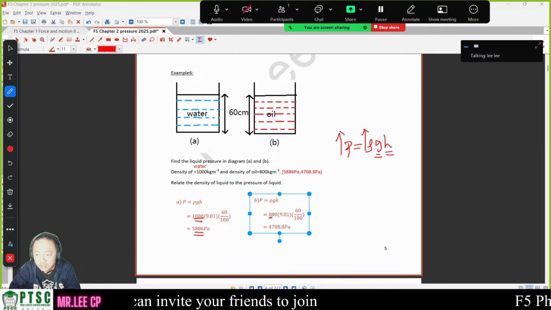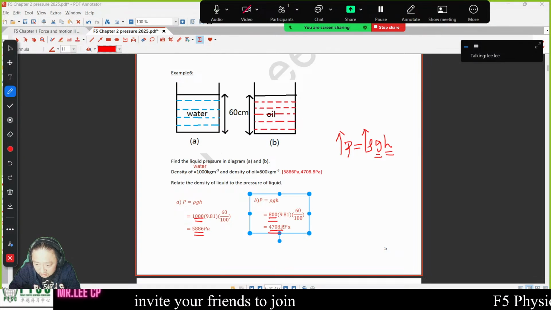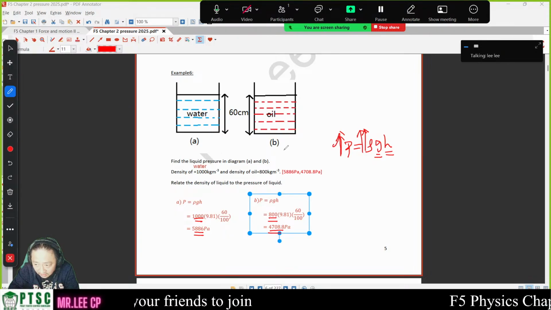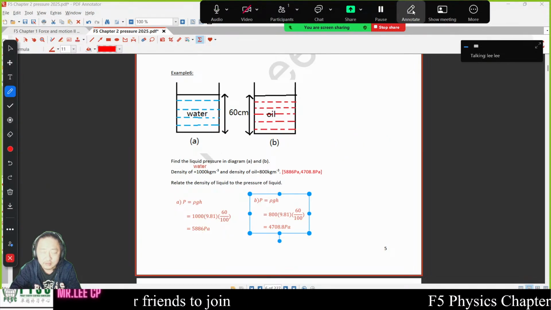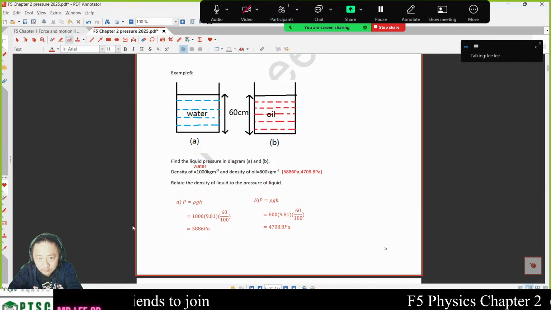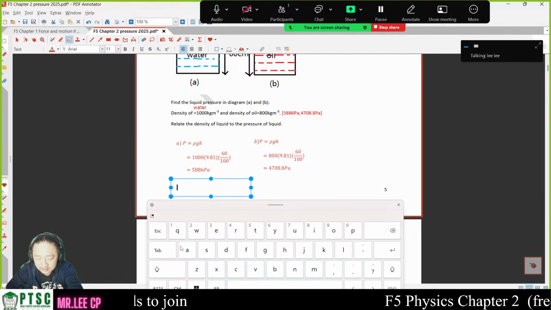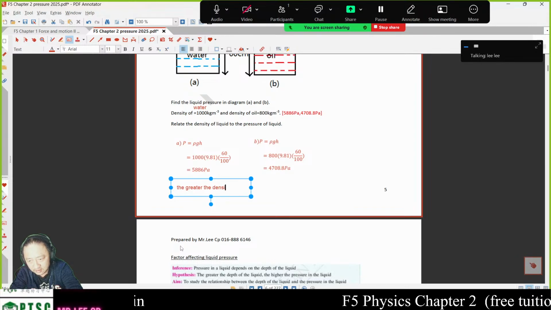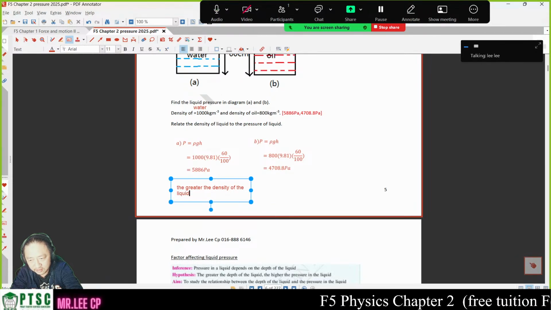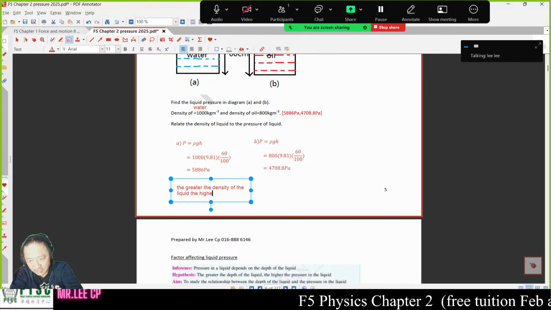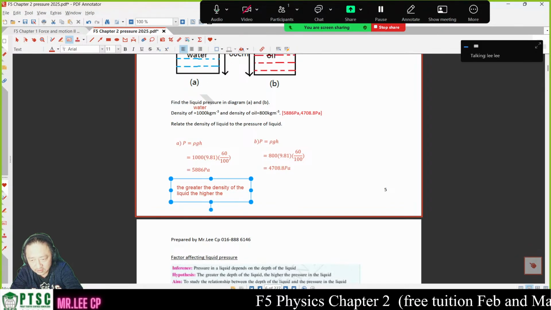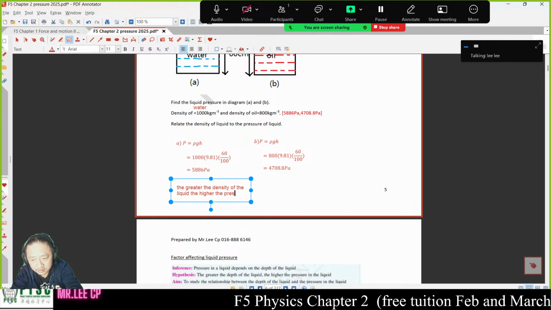Density at 100, this one 4000. So the higher the density, the higher the pressure. The greater the density of the liquid, the greater the pressure.